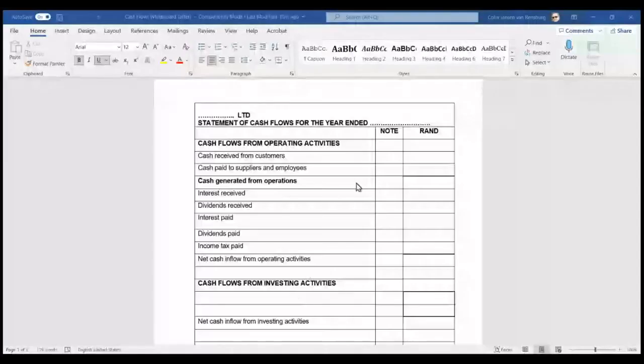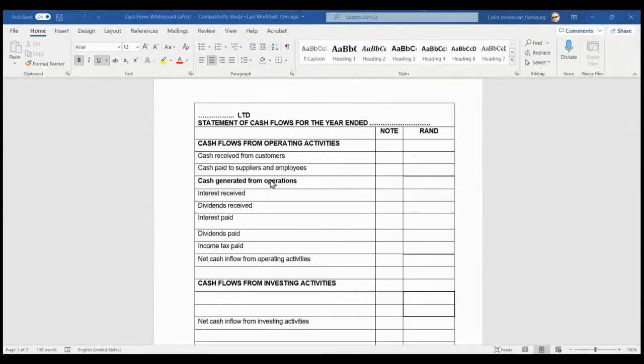So let me just go and find that. It'll take a second or two to show on your side. Let us just wait for it to come up. There we go. Okay, so that is typically the layout.